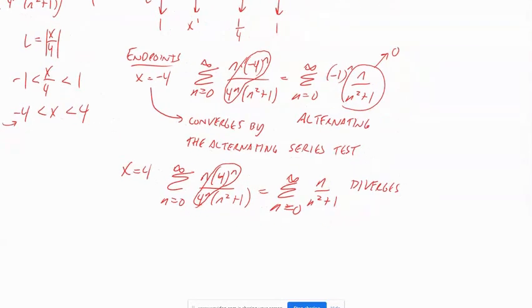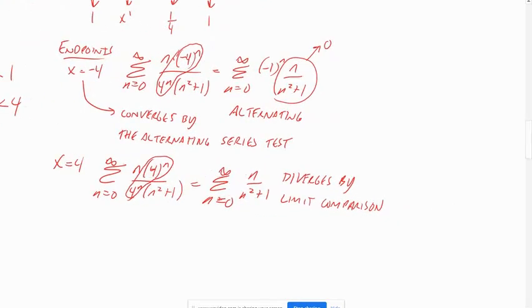The easiest way to show that is by limit comparison, or you could use the integral test. So it does diverge because, since n over n squared is the same as 1 over n, we'd want to compare to 1 over n. So we'd look at the limit as n approaches infinity of 1 over n divided by n over n squared plus 1.